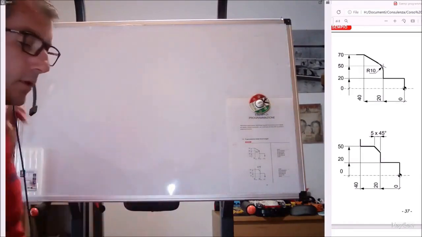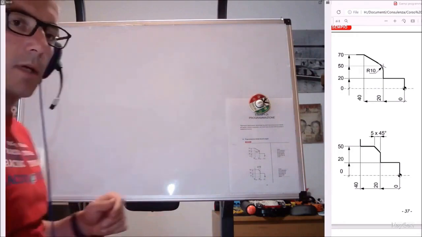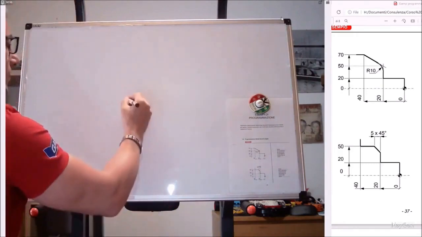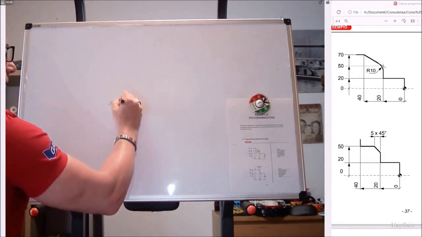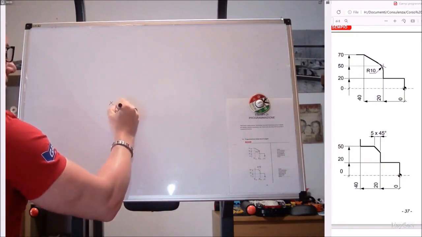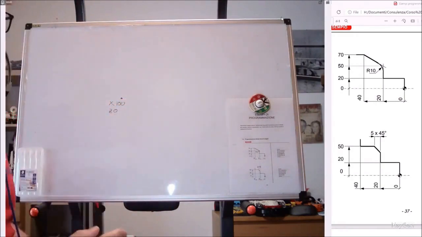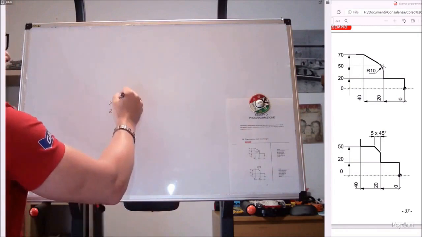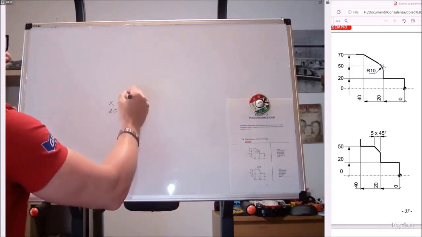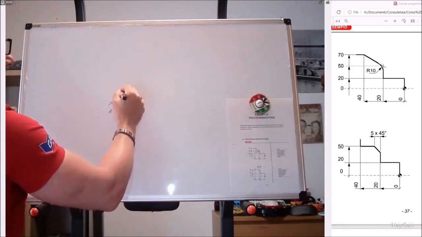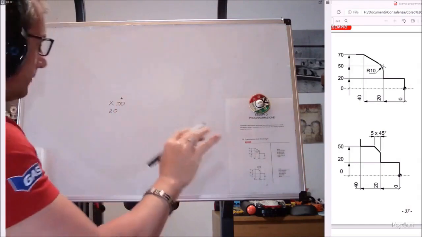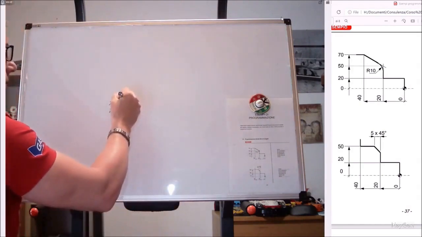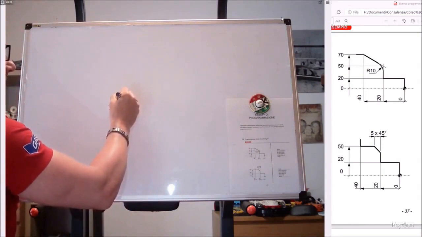Then we will do some examples. So first of all, the angle function. If I am at a certain point, let's say I am at X100 Z0, I can tell my machine to move at an angle. Let's say I want to make a chamfer at 45 degrees. So I give it the angle. I will tell you later what I give it.